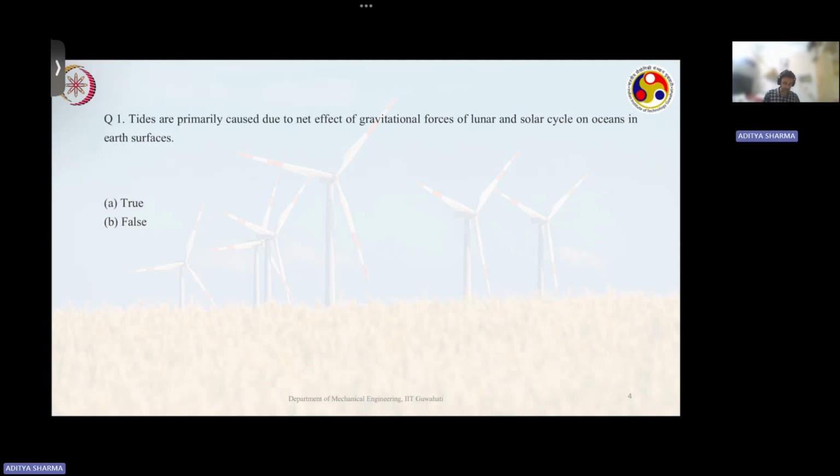Question one says that tides are primarily caused due to the net effect of gravitational forces of lunar and solar cycle on oceans on Earth's surface. So this is clearly true, just for your revision.